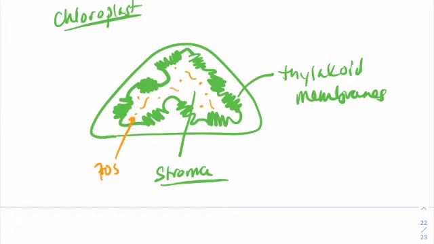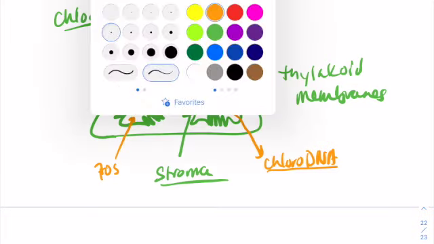This whole thing is about the same size as a bacterial cell, and when they sequenced chloroplast DNA, the sequences not only match just general prokaryotic DNA, it's almost an exact match to a bacterial cell that is around today, and that is called cyanobacteria.